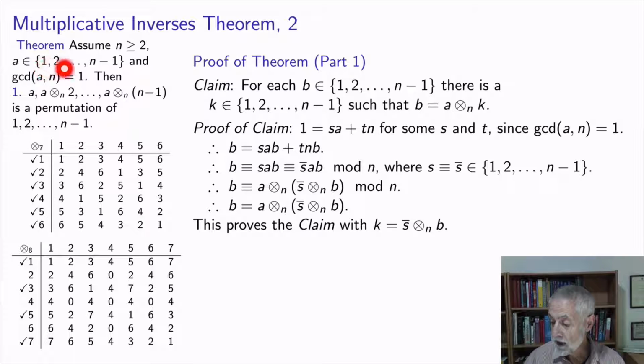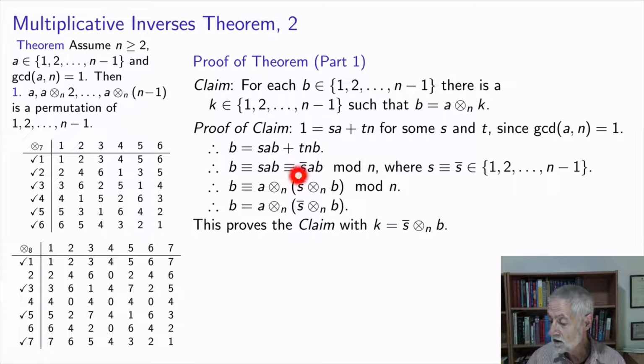Because we assume that a is in the range 1 up to n minus 1, we assume b is in the range 1 up to n minus 1, and now we've got s bar in the right range. This number here is itself a number between 1 and n minus 1, and it's obtained by multiplying a, s bar and b and taking the remainder modulo n. So this is just that number, sab. We've just put things in a different order.